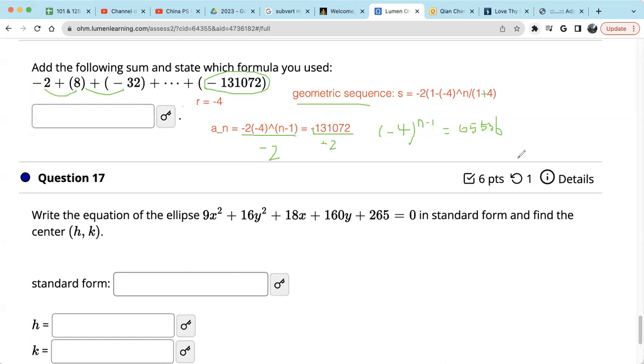One way we could do this is to keep dividing 65536 by 4. Because the other side is a power of 4, we want to write 65536 in base 4, as 4 raised to some power. So that's one way of doing it.